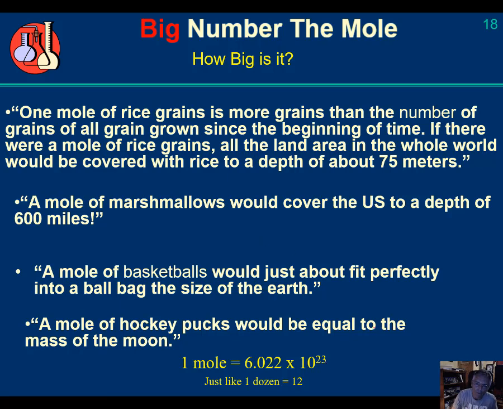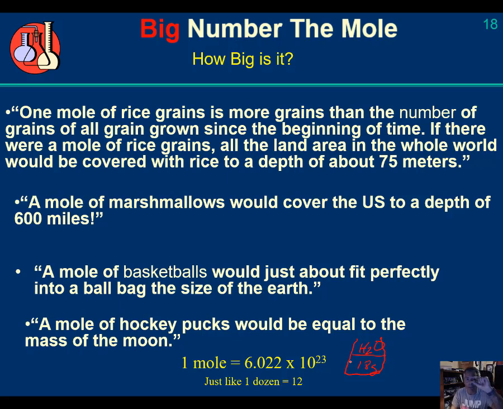If I were to take a little beaker of water or glass of water, and I were to put 18 grams of good old H2O. Now, 18 grams, water has a density of about 1 gram per mil. That's going to be about 18 milliliters.